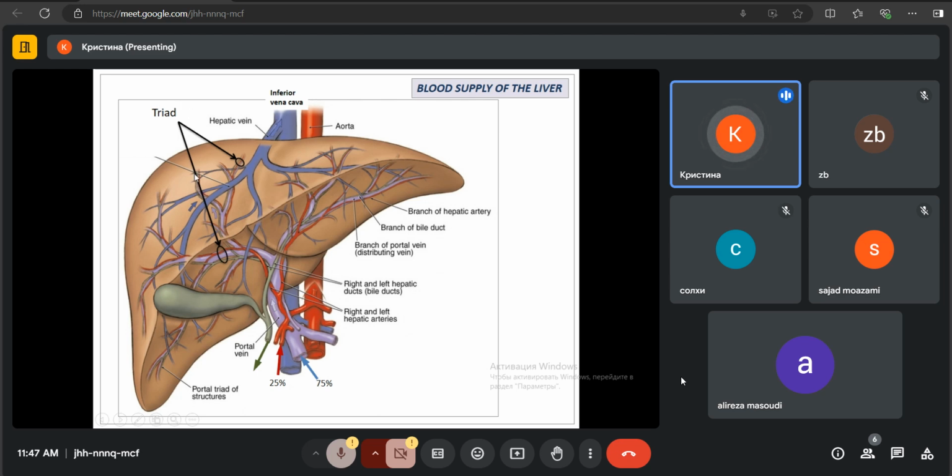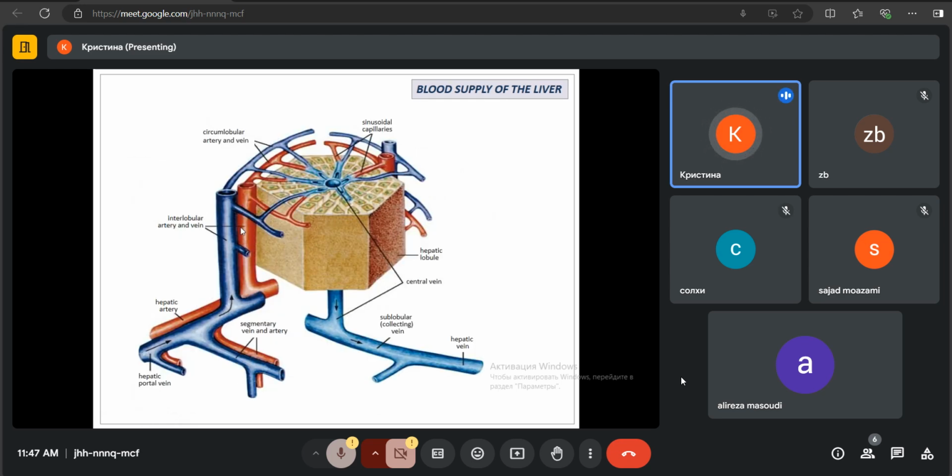So triad is one artery, one vein, and the one duct. and they split into smaller and smaller branches, and all these branches also go together and form smaller and smaller triads. And these triads can be seen in our histological preparations in connective tissue between the lobules. They always go together.